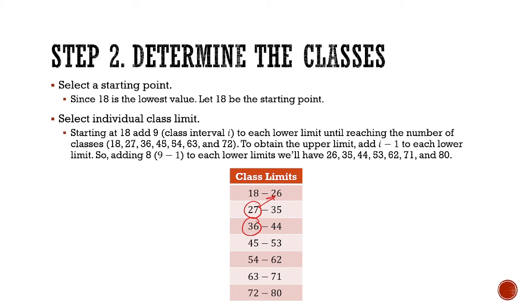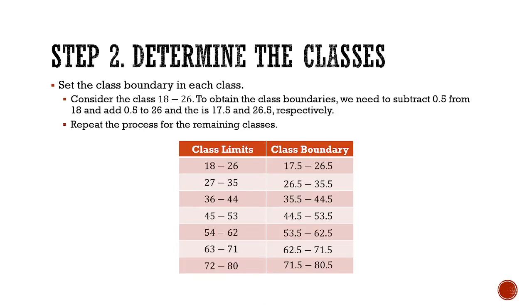Hopefully, that's clear. So for the next step, we just need to set the class boundaries for each class. So for each class, consider 18 to 26. To obtain the class boundaries, we just need to subtract 0.5 from 18 and add 0.5 to 26.